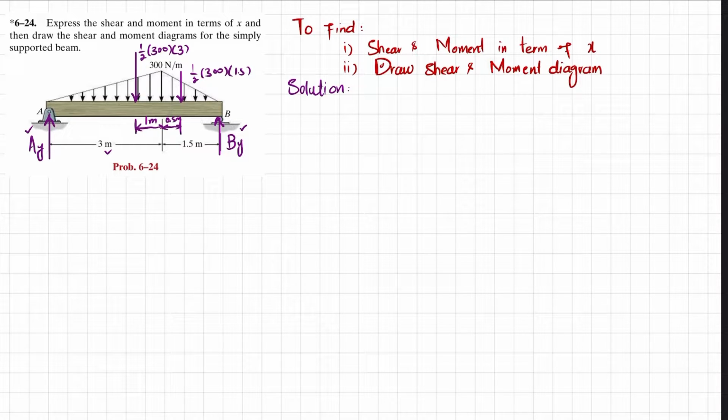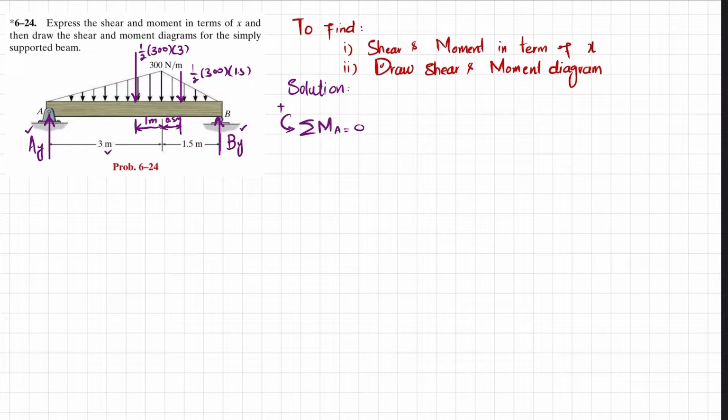Now you can apply the equilibrium conditions. The first equilibrium condition is that the sum of all moments about point A is equal to 0, taking counterclockwise moment as positive. About point A, the first force producing moment is By, and the perpendicular distance is 4.5.